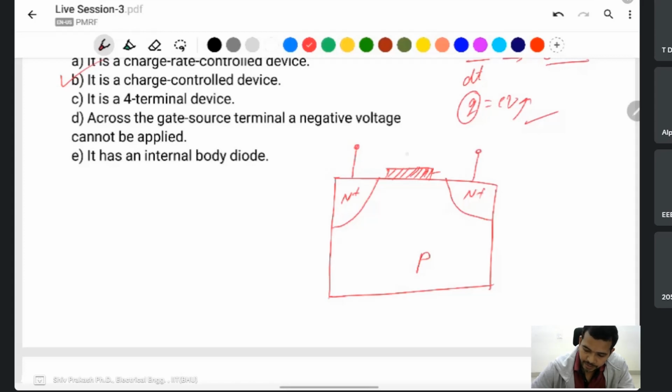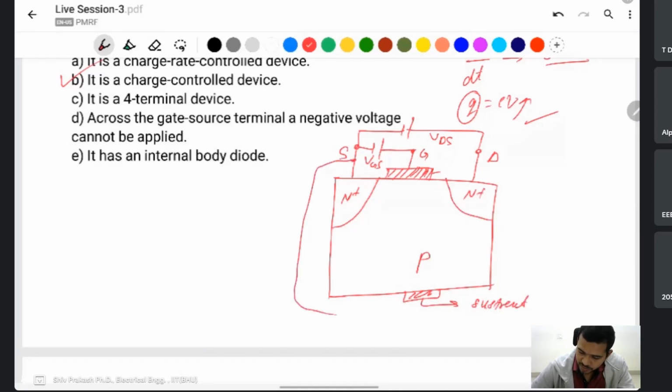This one is the drain, and this one is the gate. VDS, VGS. Here is the source, drain. This one is the substrate. The source is directly connected to the substrate.